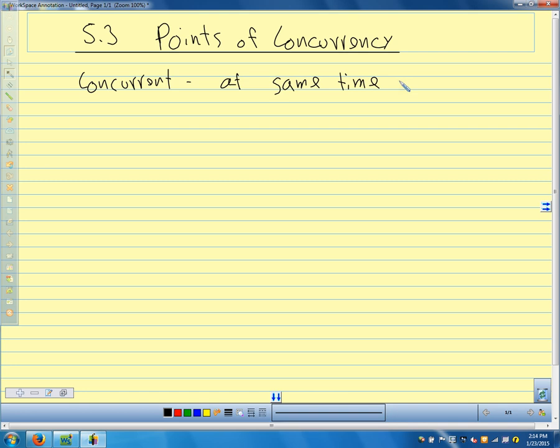So when we're talking about concurrent points, what would you guess we're talking about? So let's say we're talking about some lines, and we say this point is concurrent with all the lines. So we have some lines, and we say these lines are concurrent at a point.